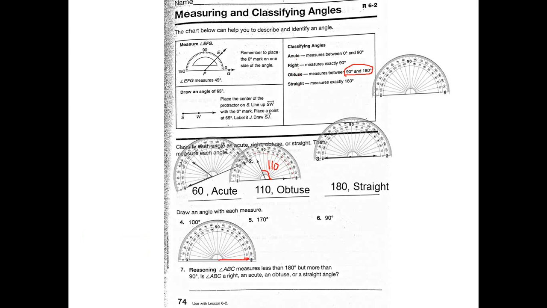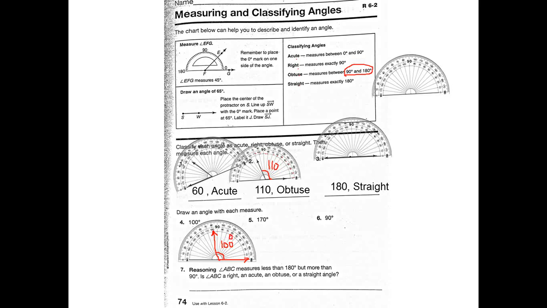I will put an arrow, and I will go 10, 20, 30, 40, 50, 60, 70, 80, 90, 100. So yes, it's here, pointing to 100. So this is 100. We have drawn a 100-degree angle.